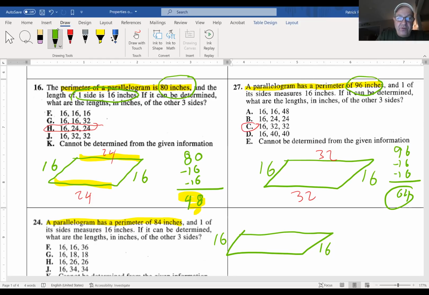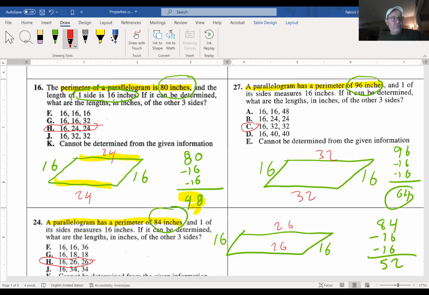On the other one, we're told that we have a perimeter of 84. If I subtract both 16s from that, that would be 52, which would give us 26 for the other two sides. And there's our answer, letter H.